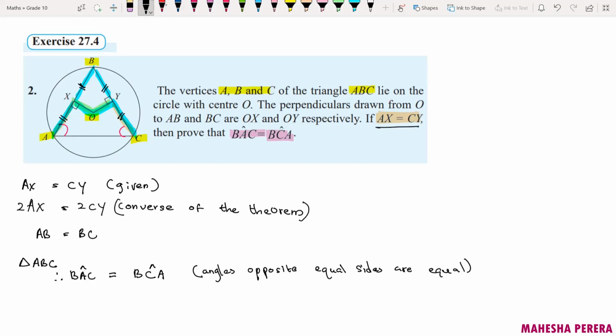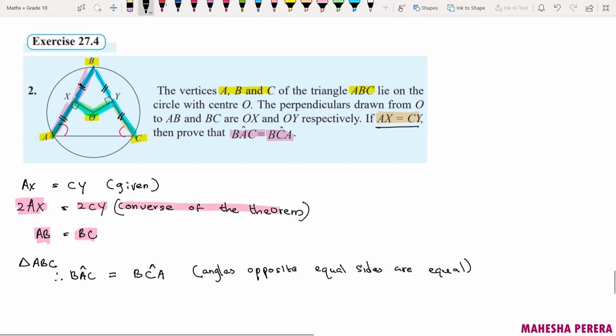So what is 2AX? 2AX means it's exactly the AB chord, because these two lengths are equal. So similarly, 2CY means it's chord BC. This is actually because of our converse theorem.